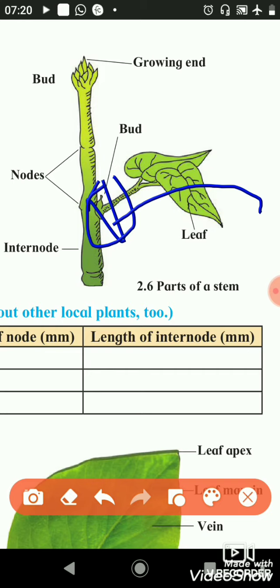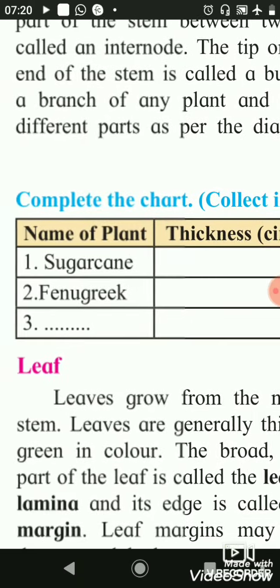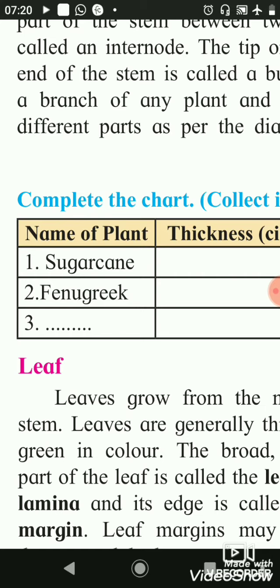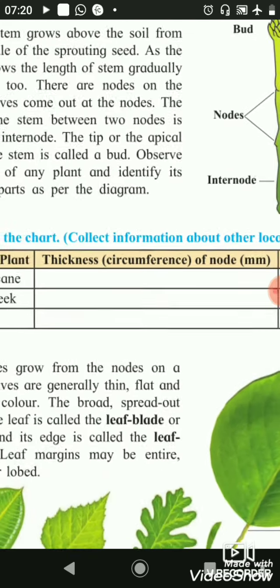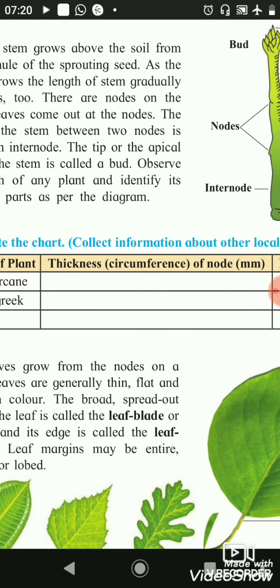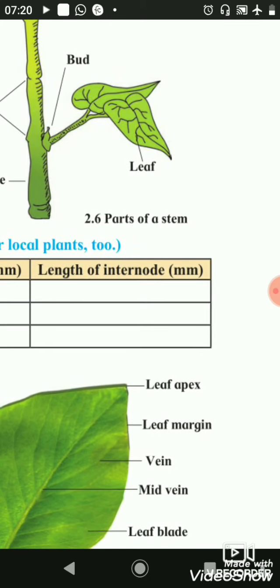Now let's see this chart. There are some names of plants: sugarcane, fenugreek, and if you want to observe another plant, you can write the name of that plant also. Measure the thickness, the circumference of the node, with the help of a tape, and the length of this internode.